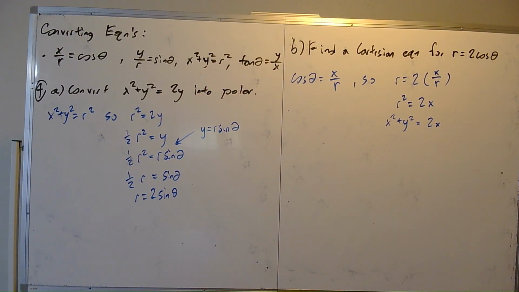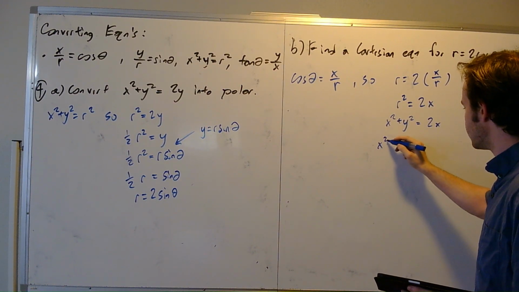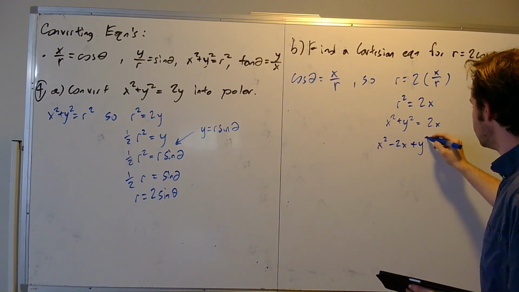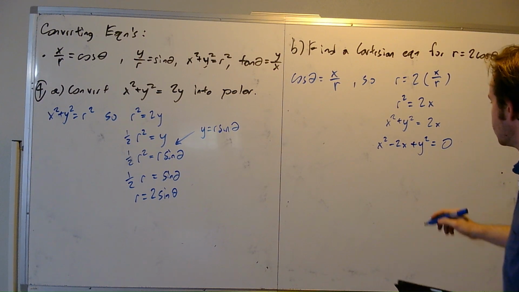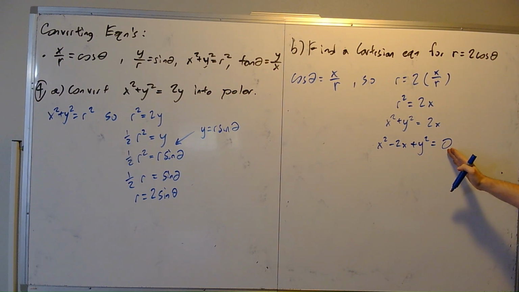And now we're trying to solve for the equation of a circle in standard form. So the way we do that is subtract 2x on both sides, because we want all the x's and y's on one side, and we want the right side to be equal to a number, right? Because that's the equation of a circle.